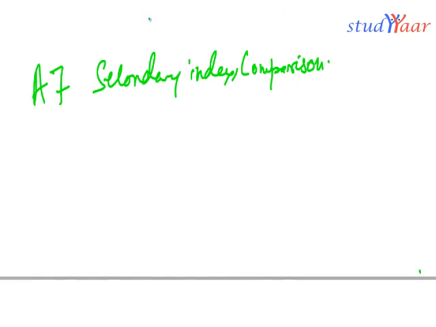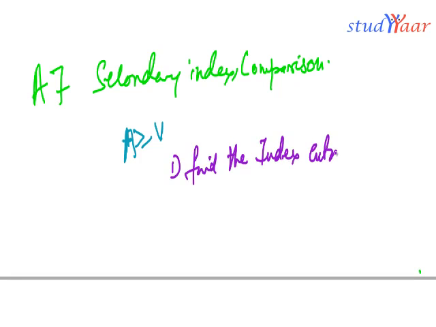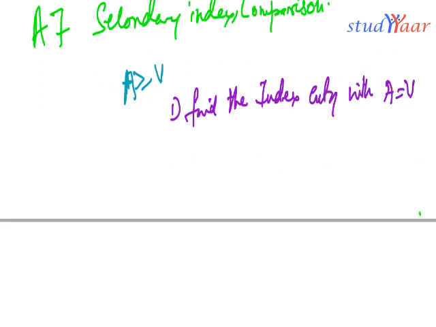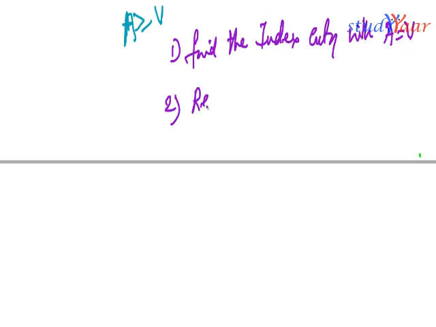So for A greater than or equal to v, I am going to first find the index entry with A equal to v, and then I am going to read and follow the next index entries that follow.